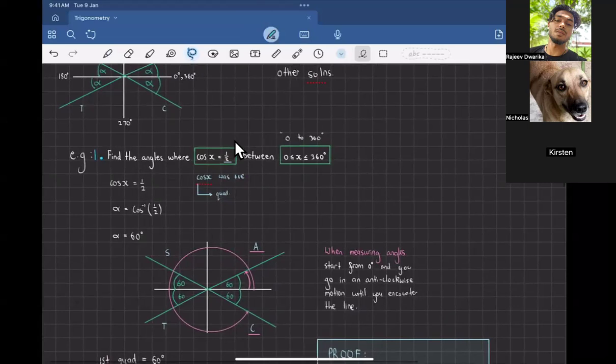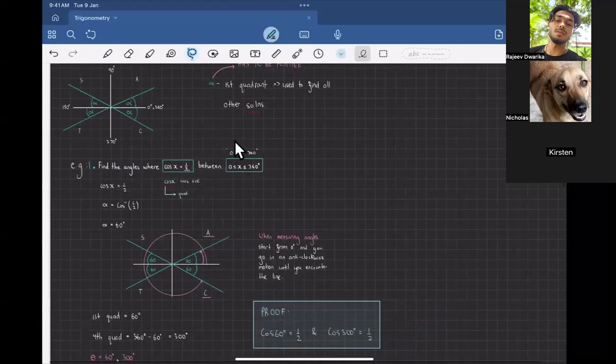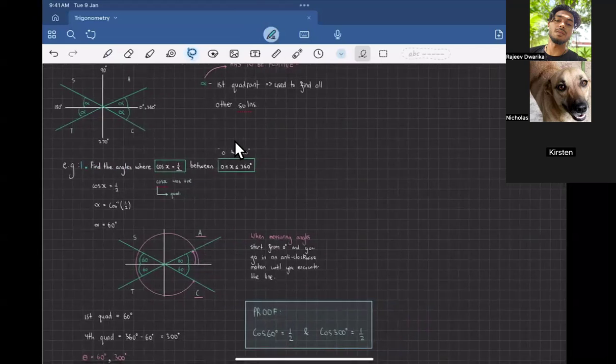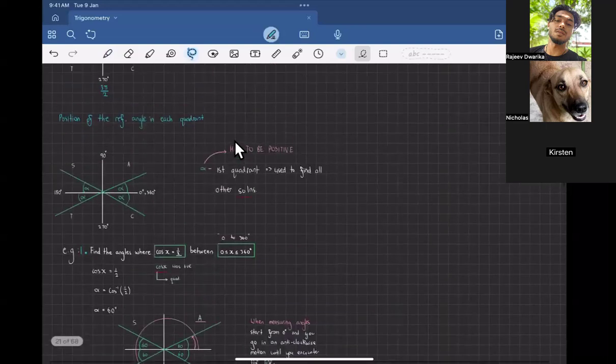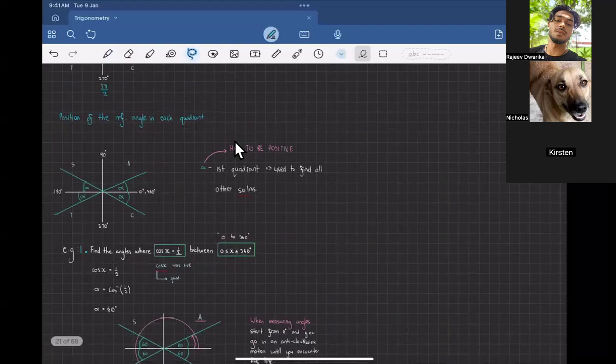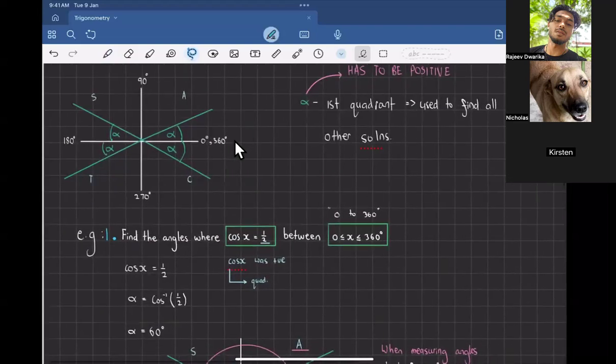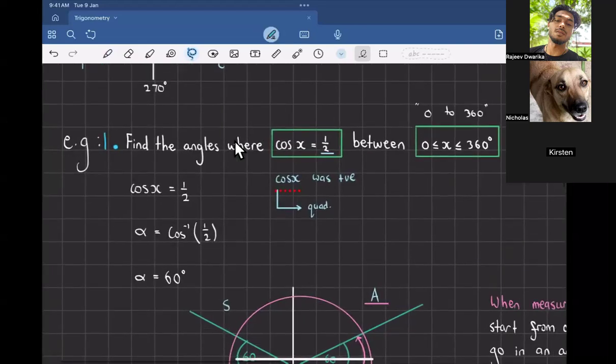So I'm going to go over the general concept one more time. In these questions, you have to find the reference angle first. Now, using the reference angle, I can locate all my other answers. The reference angle is in your first quadrant primarily. To figure that out, you find the inverse of whatever you get.